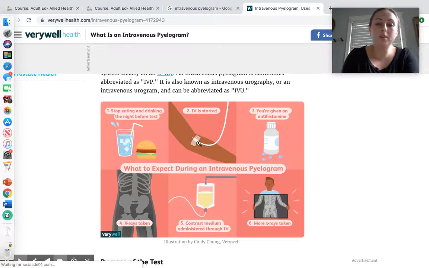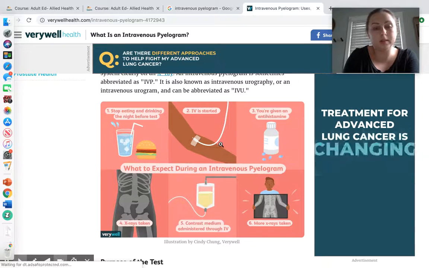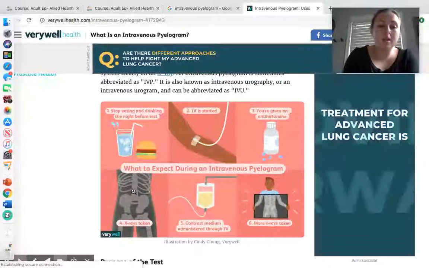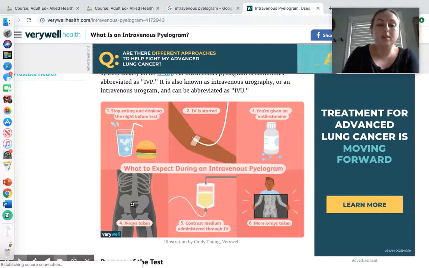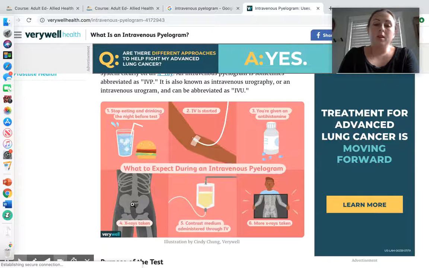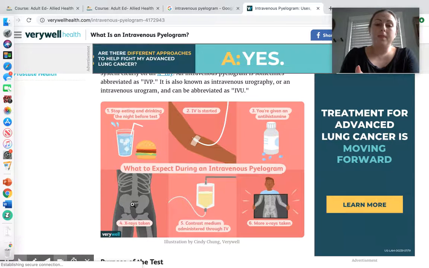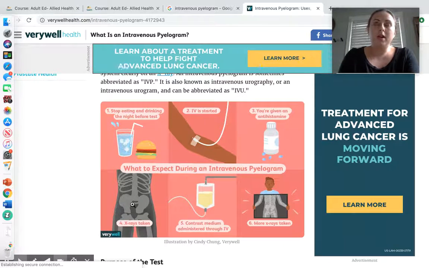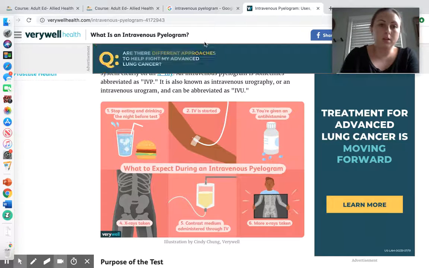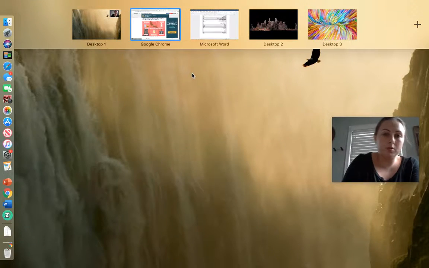They pump it in through an IV. You have to be given an antihistamine because a lot of people are allergic or at least sensitive to IVP dye. And then they can take x-rays and they get a better picture because it gives more contrast, right? So that's what it's used for.